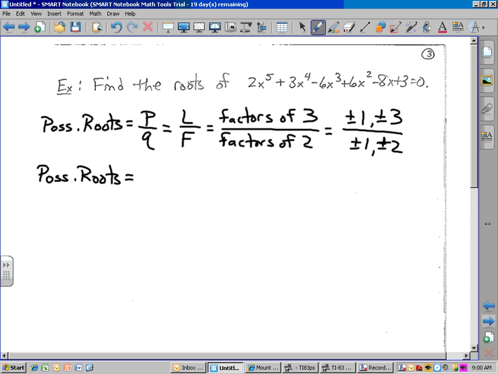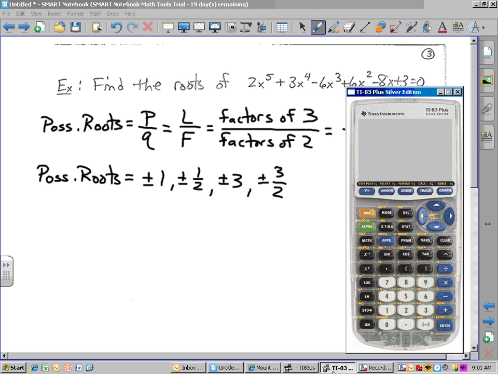So we're going to divide this out to get all the possible roots. 1 over 1 is 1. 1 over 2 is a half. 3 over 1 is 3. 3 over 2 is 3/2. Again, to speed up the process, unless we just try every single one, we can look at the graph.